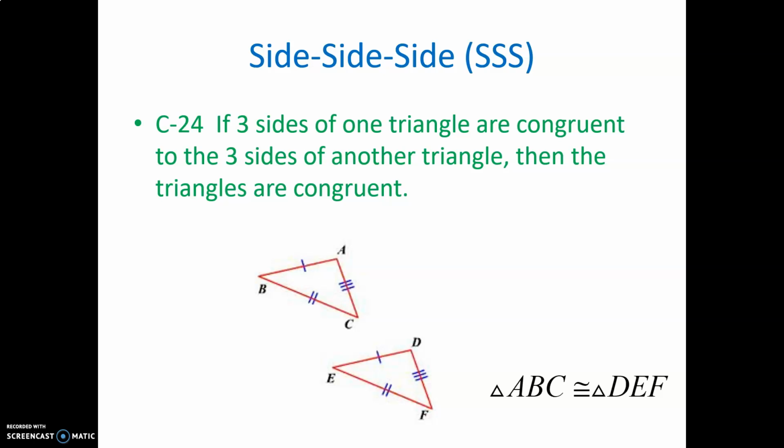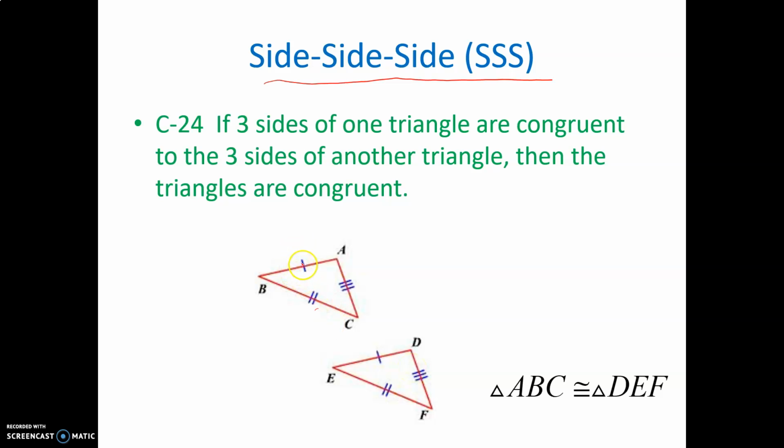So instead of showing all 6 equalities in the SSS, side, side, side, all you say is if 3 sides of one triangle are congruent to the 3 corresponding sides of another triangle, then the triangles are congruent.